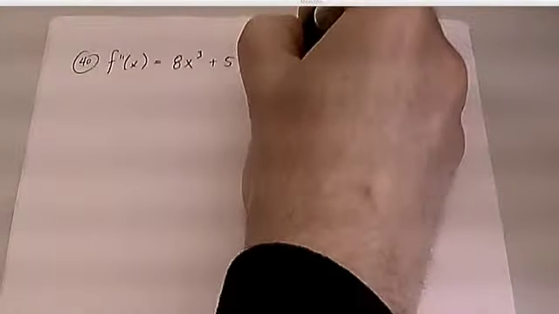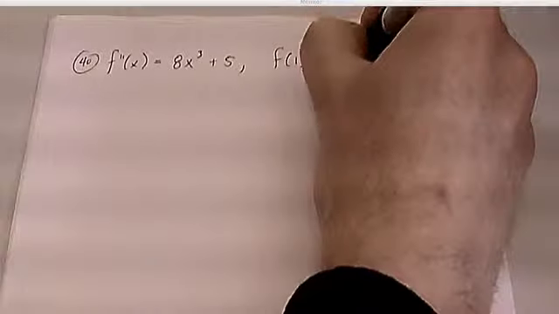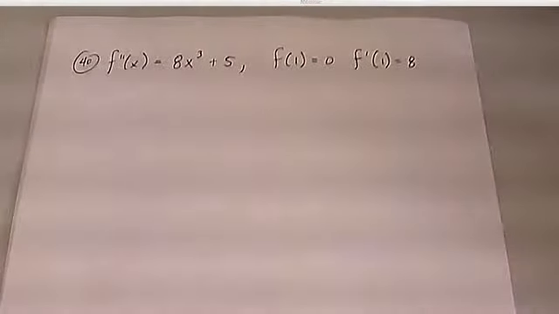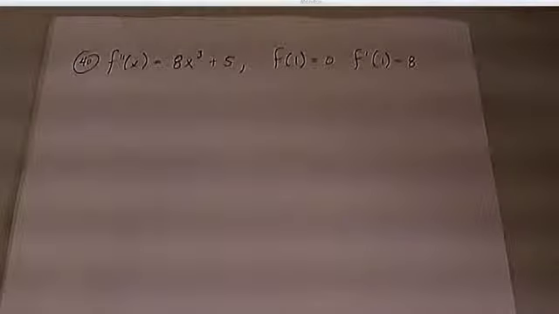Let's look at 40. 40 is a neat one. 40 is f double prime of x, and it's 8x cubed plus 5, and I know that f of 1 is 0, and f prime of 1 is 8. And I need to get back to f, okay?